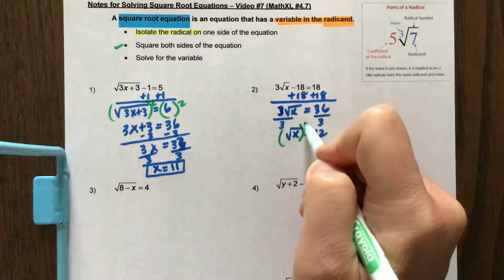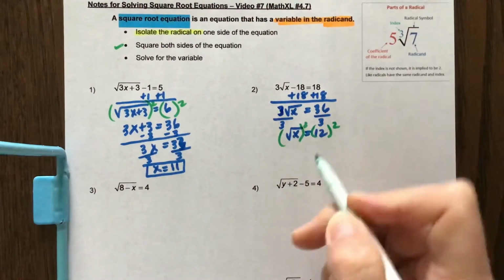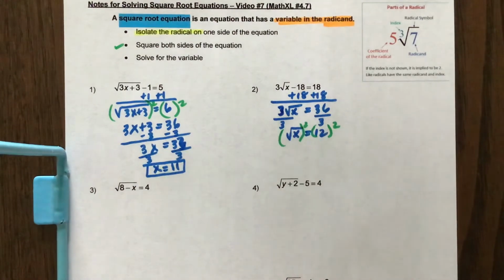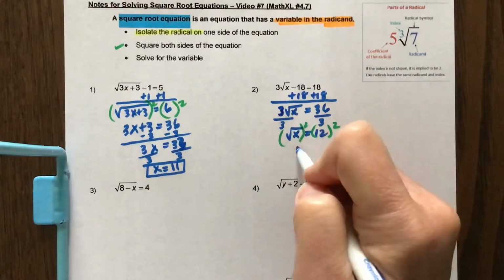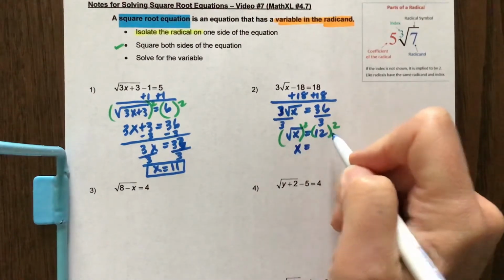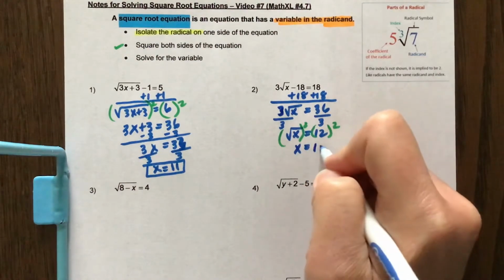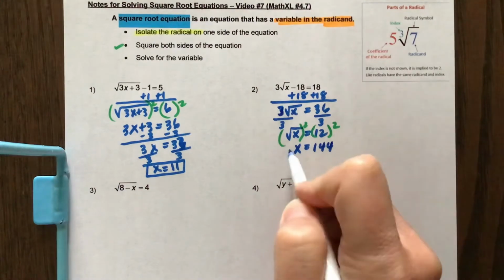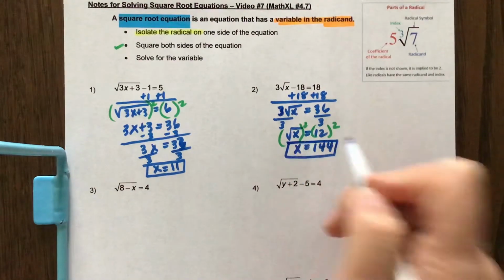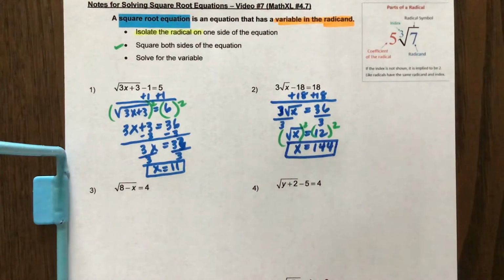That's going to undo that radical to leave me just the x all by itself, and 12 squared is 144. So this time x is equal to 144.